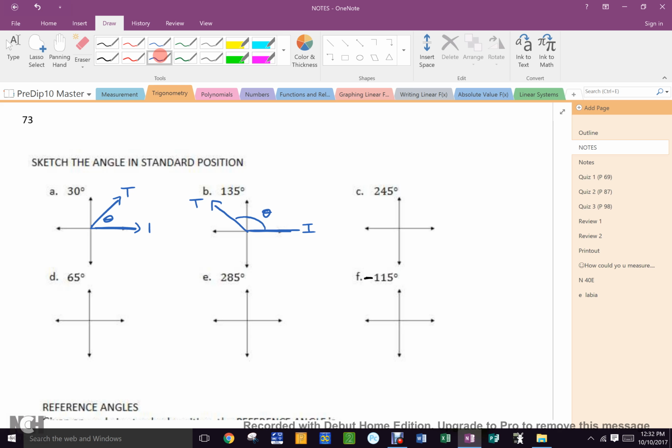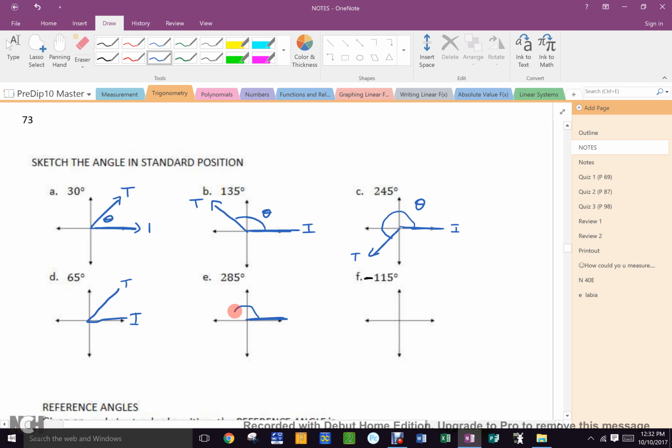I'm going to continue on. If it's negative, we go backwards. Go clockwise. This has to come around. Will it get all the way to the bottom? No. Down there. There's your theta. That's your initial arm, that's your terminal arm. 285.